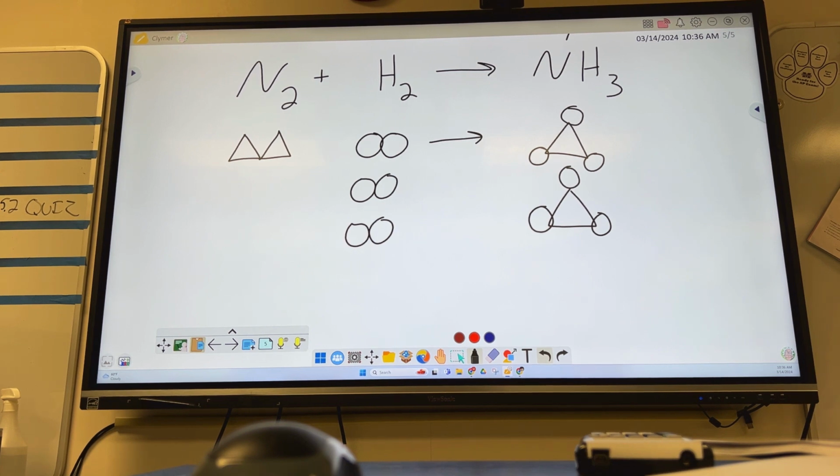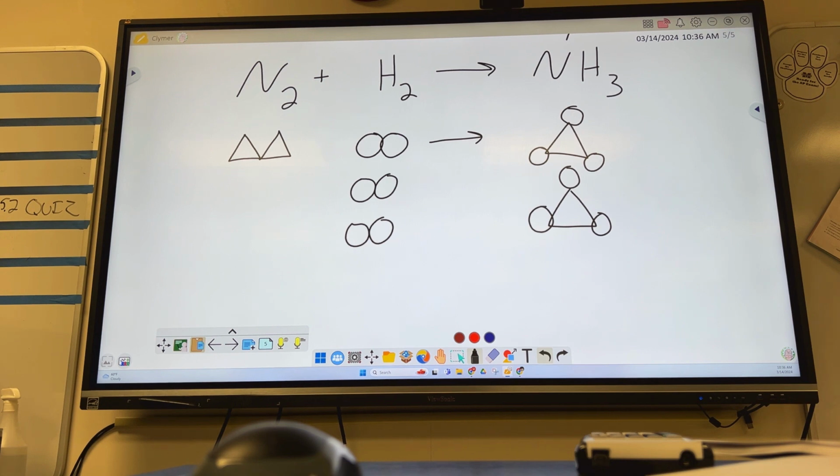For us to run this reaction, to do this one time, how many molecules of nitrogen do I need? I use that word carefully. How many molecules of nitrogen do I need to run this once? 2.